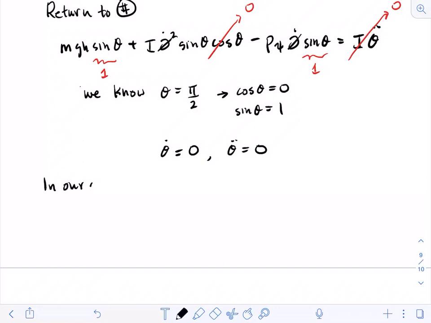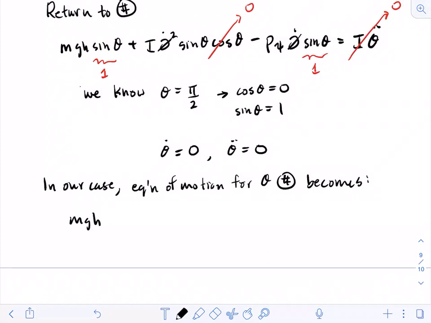And so what we're left with then, in our case, the equation of motion for theta, which was number sign, becomes mgh minus p psi phi dot is equal to 0.